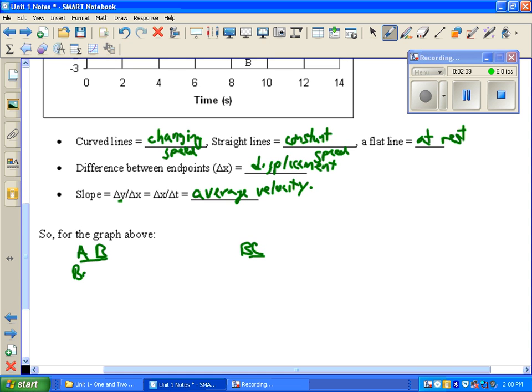We know that it's backward in this case because it's tilting down. It has a negative slope, and that's going to mean backward. The other thing, since it's a straight line, we said up there the straight line means constant speed, so we're going to note that it's constant speed because it is a straight line.